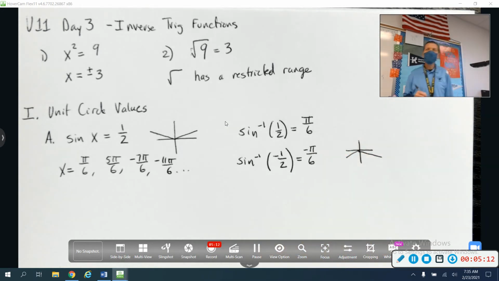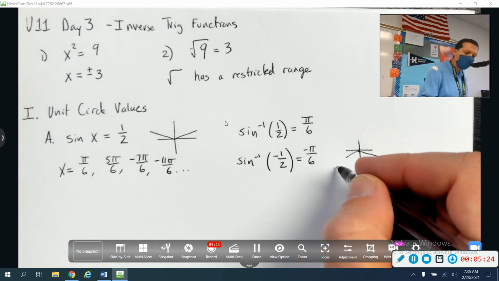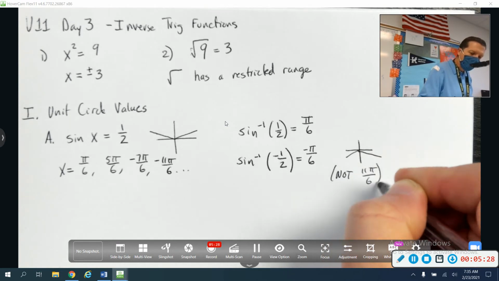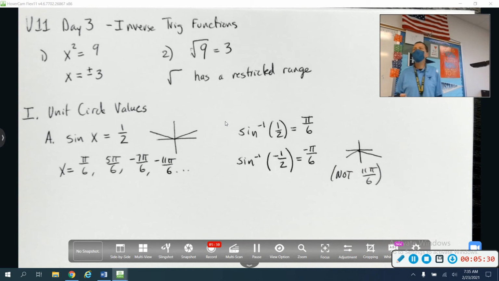It's actually the right answer. Very nice. What people are tempted to say, though, is 11 pi over 6. But that's not the same thing. They're coterminal. It lands at the same place, but it's not 11 pi over 6. Because you always pick kind of the simplest answer there is. The shortest, easiest, simplest answer there is.